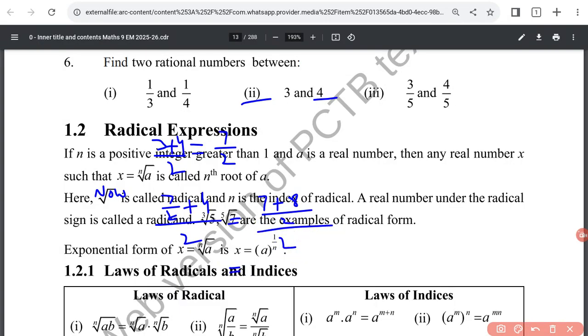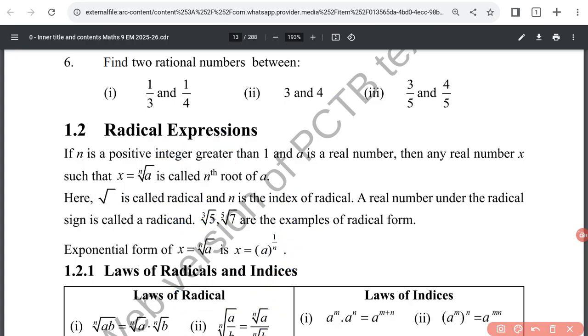So that is equal to 7 plus 8, 15, and 2 times 2, 4. So 7 over 2 and 15 over 4 are two rational numbers between 3 and 4.